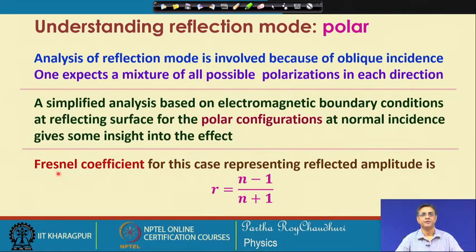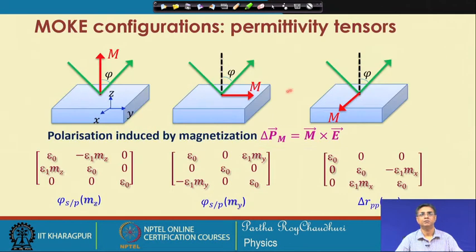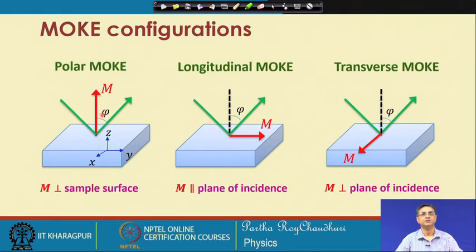For example, consider the Fresnel coefficient for the case of polar incidence: you have incident light and reflected light. It can have S polarized light and P polarized light, both components could be present.